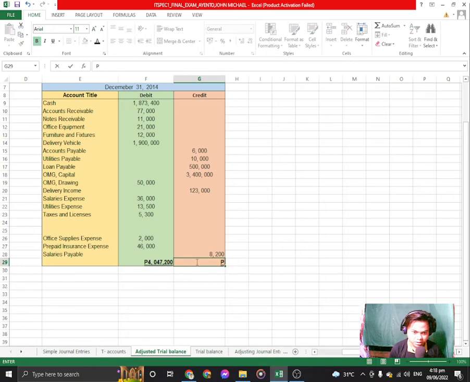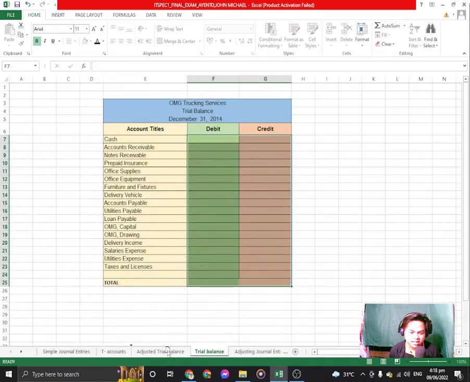Here, pila pod? 4,047,200. Okay. So, muna ito ang adjusted trial balance. Ay, hala. Dapat dire dito na una, oh. Sorry. Na wrong lang. Una dito dire sa trial balance.